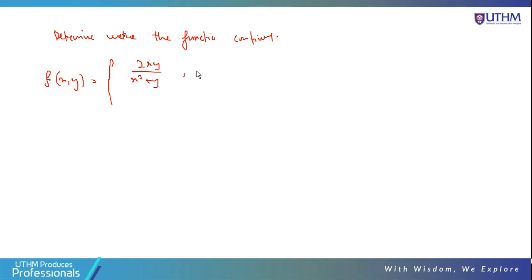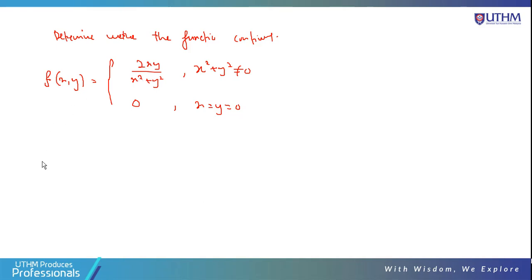So this one, the given must be x square plus y square not equal to 0 for this function. The second, given f(x, y) equal to 0 when x equal y equal to 0. So it becomes 0 when x and y equal to 0. Okay, when x and y become 0, the function becomes 0.